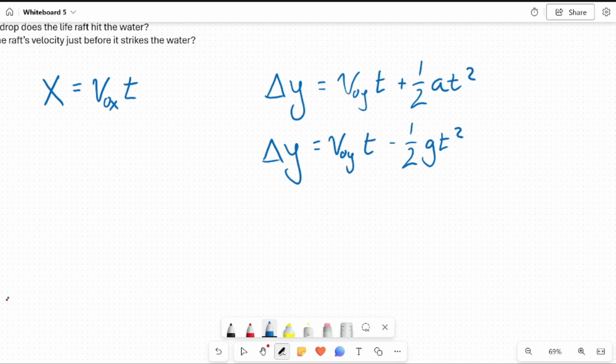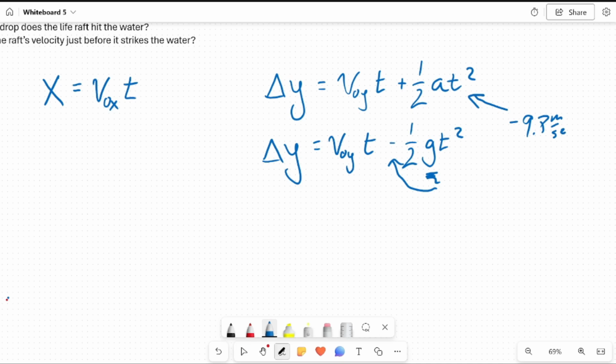Now, these are the same equation. If you use the 1/2 a t squared, all I'm going to do is use a value of negative 9.8 meters per second squared for my acceleration. Whereas if you use this equation, you just use regular 9.8 because the negative is already taken into account. Either equation you use is going to be beautiful.